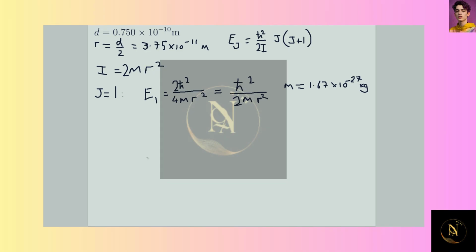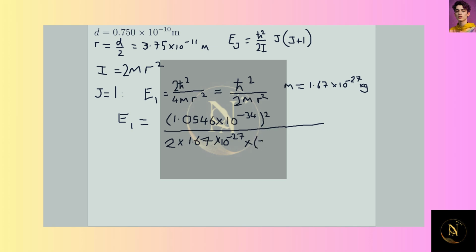So now we can start to plug in some numbers. E1 will be equal to our reduced Planck's constant squared, so that is 1.0546 times 10 to the minus 34 joule seconds, all squared of course, over 2 times our mass, which is 1.67 times 10 to the minus 27 kilograms, times the radius that we worked out at the start of the question squared, so that will be 3.75 times 10 to the minus 11 meters squared.